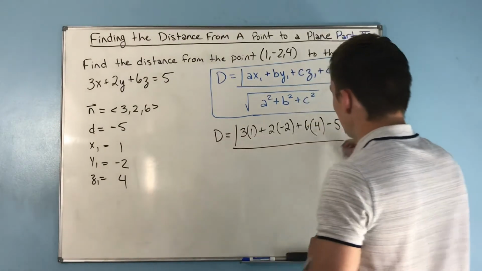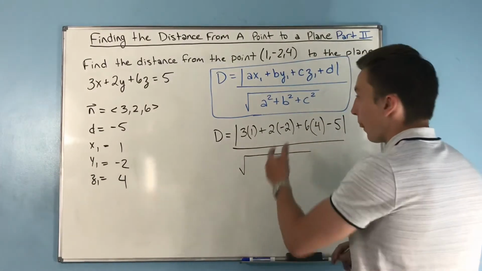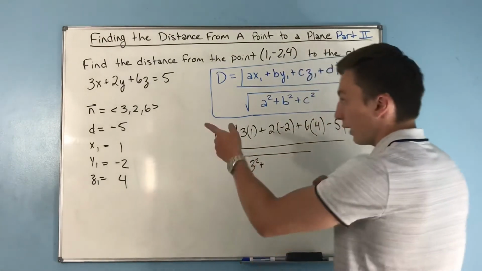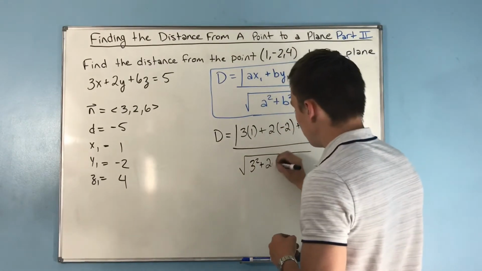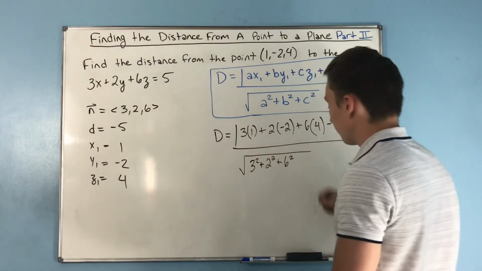You're going to put that over the square root of a squared + b squared + c squared. A is 3, so we get 3 squared, plus b is 2, so 2 squared, and then c is 6, so 6 squared.